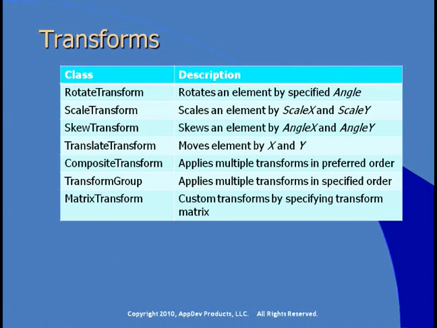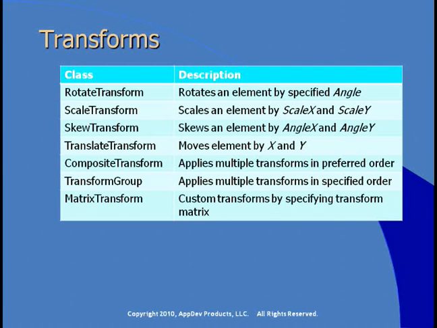There's a CompositeTransform, which applies multiple transforms to the same object and applies the transforms in a preferred order. You don't control it. And this is generally the best way to supply multiple transforms. On the other hand, you may want complete control over the order of the transforms, and you can use a TransformGroup. In that case, you specify the order of the transforms.